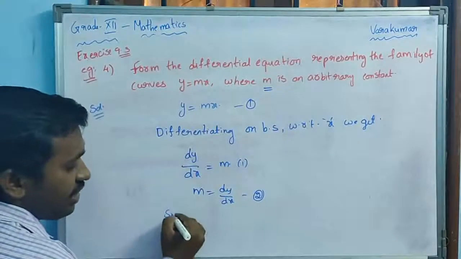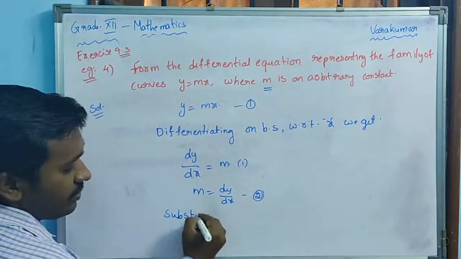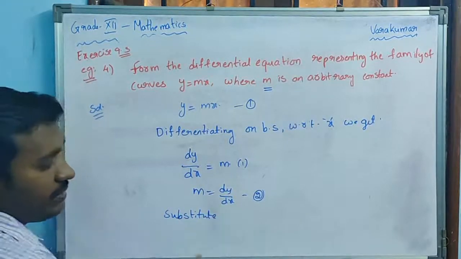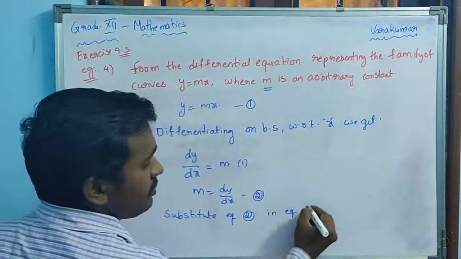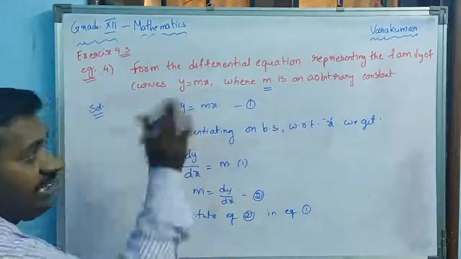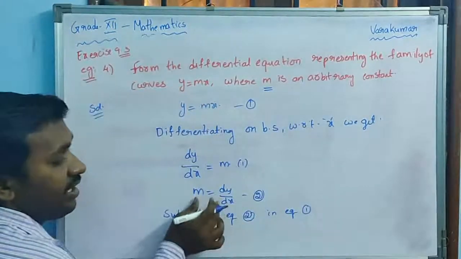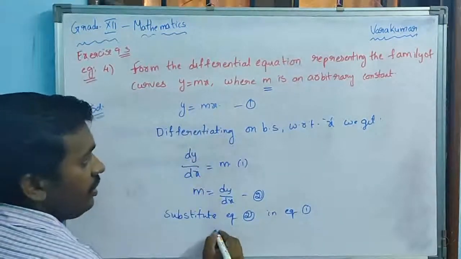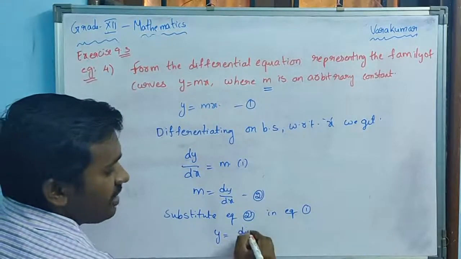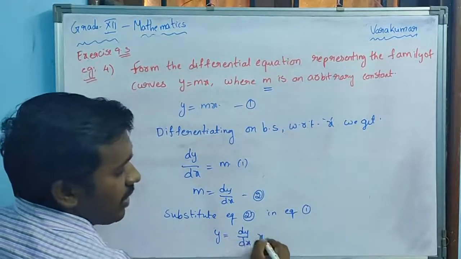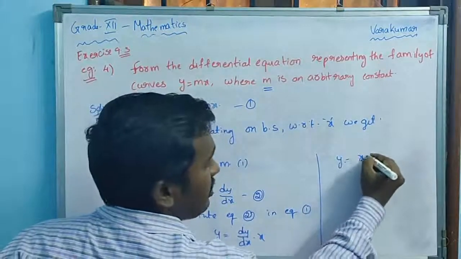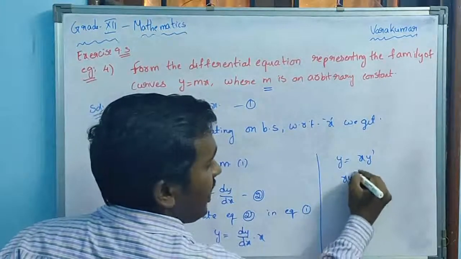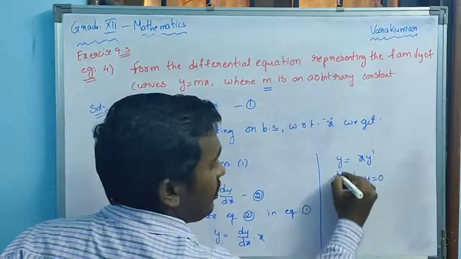Substitute equation 2 in equation 1, that is, substitute the m value in equation 1. Since m is equal to dy by dx, y is equal to dy by dx into x. So I can write simply y is equal to x y dash, that is, x y dash minus y is equal to 0.